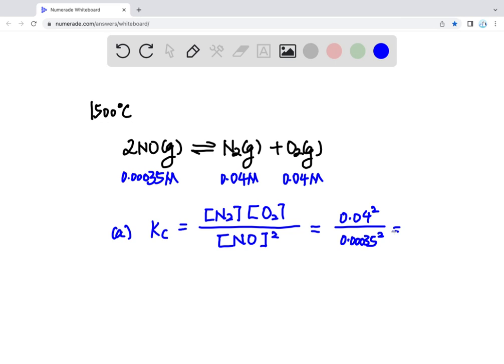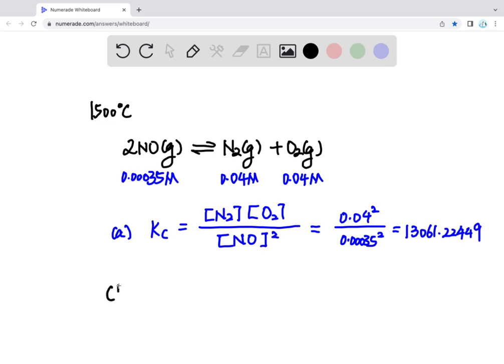That's equal to a pretty large number, 13061.22449. So this is the Kc.